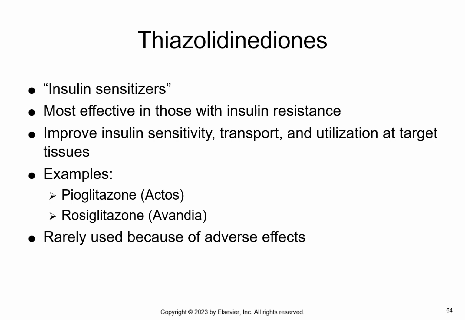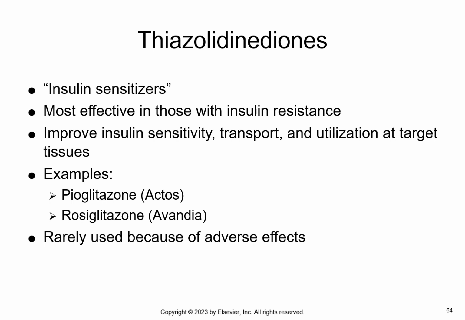The thiazolidinediones, sometimes called insulin sensitizers, include pioglitazone or Actos, and rosiglitazone or Avandia.